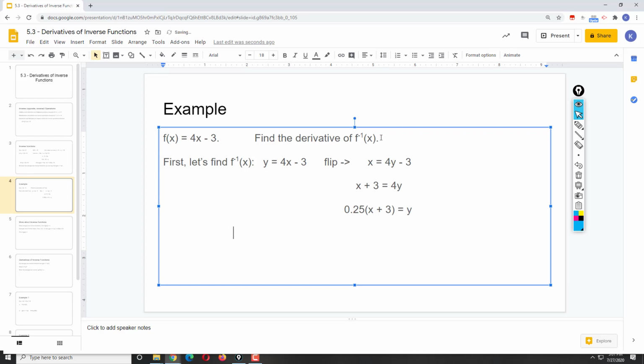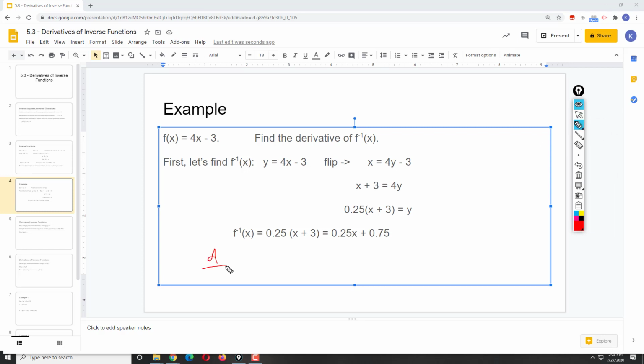In other words, f inverse of x is 0.25 times x plus 3, which is also equal to 0.25x plus 0.75 if we distribute. Now we want to find the derivative of f inverse.